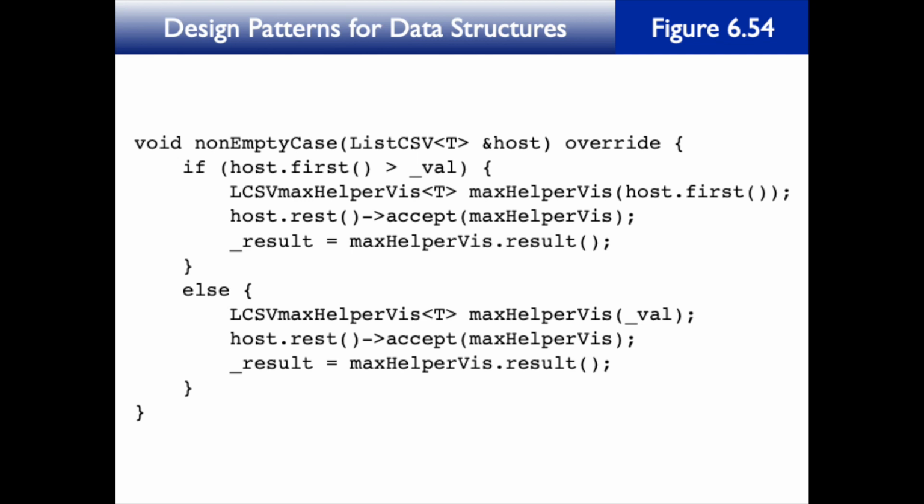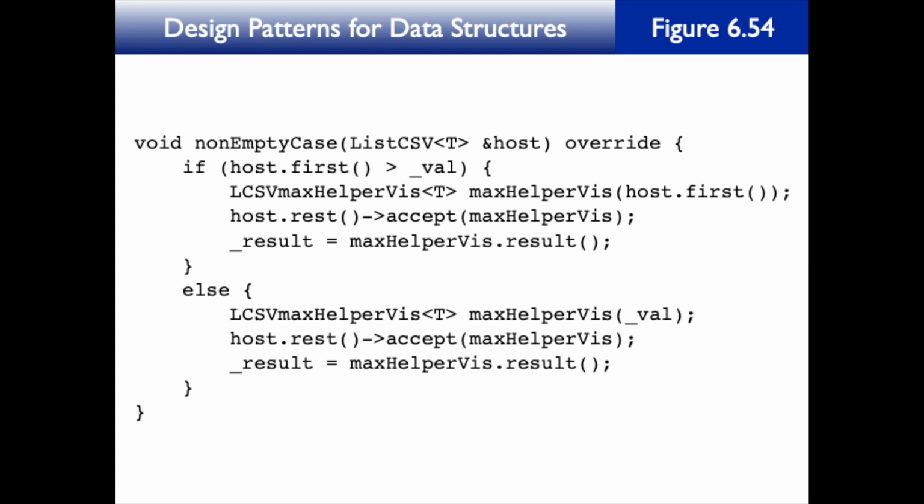So we have to allocate our max helper viz anew and give it host.first, and then go ahead and call host.rest.accept max helper viz, and then underscore result gets max helper viz.result. And similarly for the else part, except that what we are passing along as the parameter is underscore val instead of host.first.